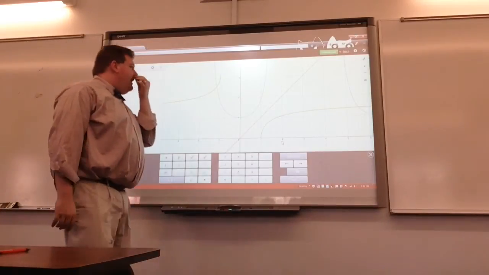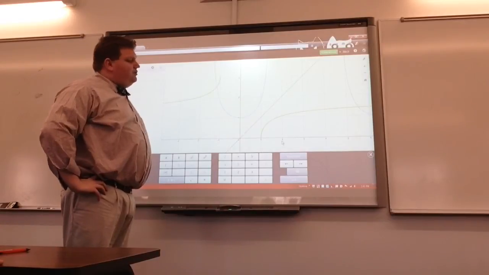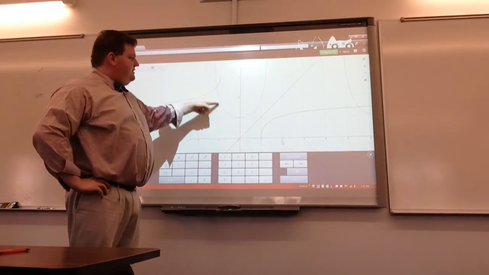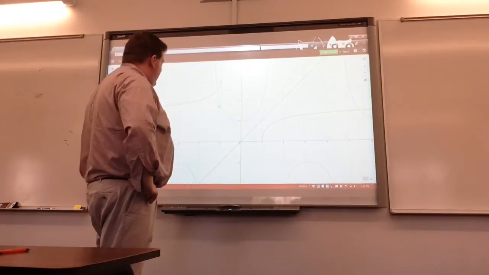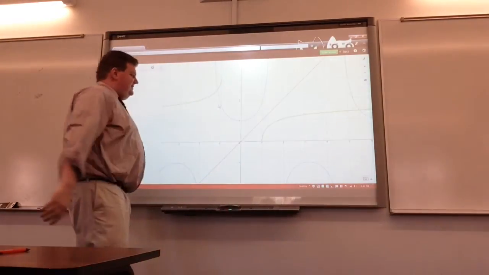Well, remember, this thing is only going to do a partial snippet. It's doing the first snippet of the secant here. So the asymptotes are 1 and -1, right?